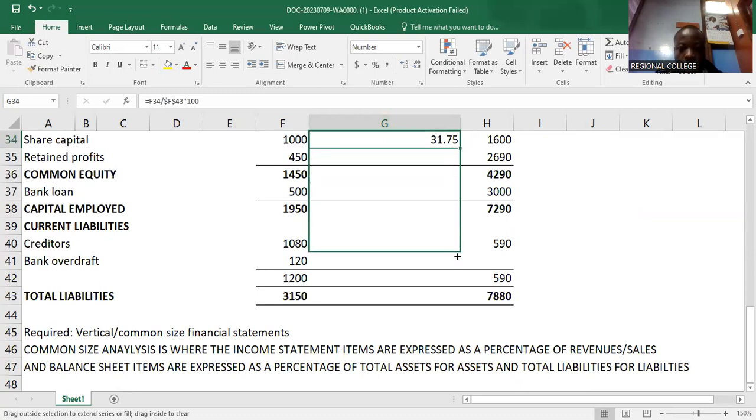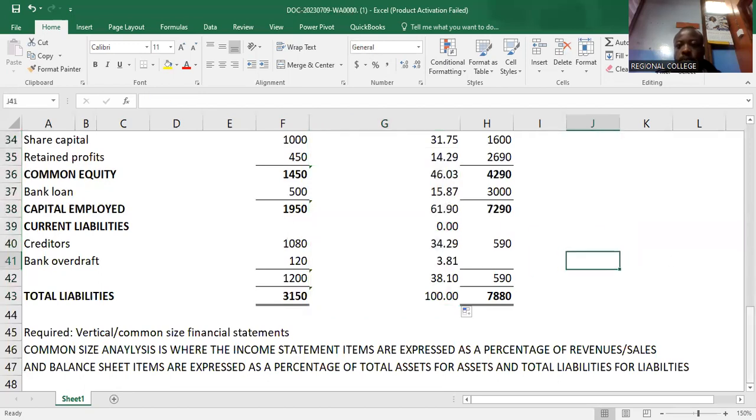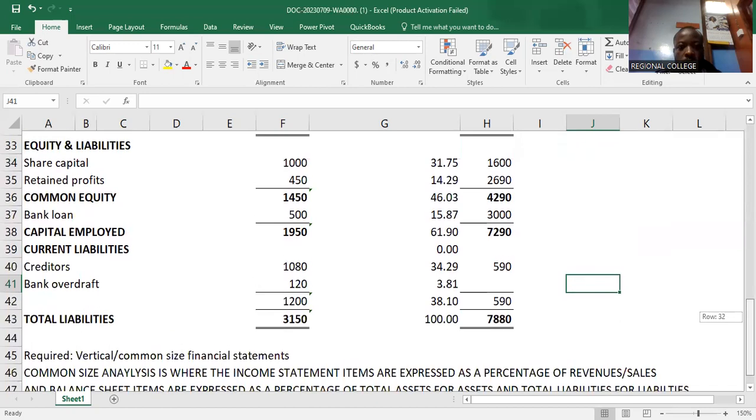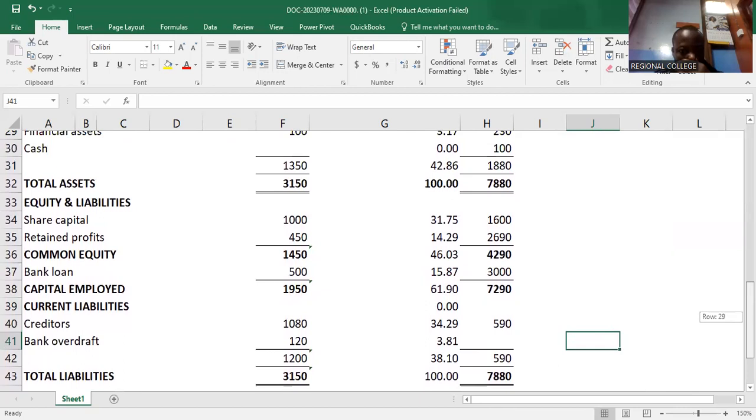Then I can drag it to the total value. So that is my vertical analysis of my balance sheet for the year 2021. So share capital is taking 31%.